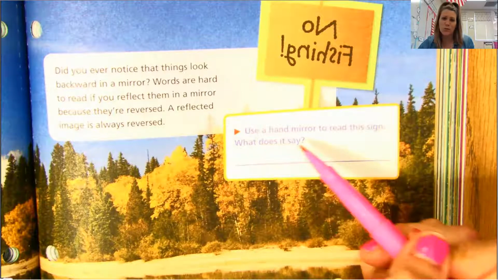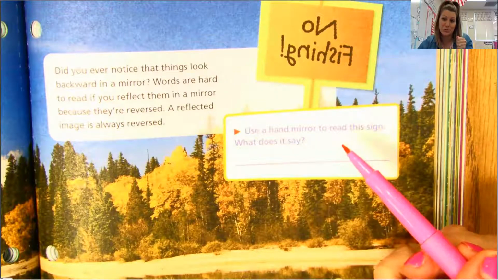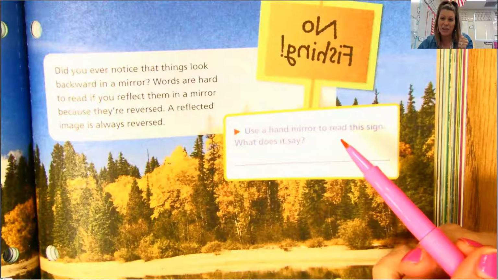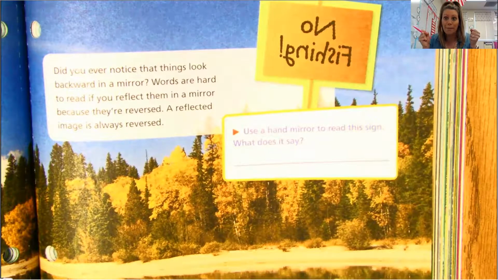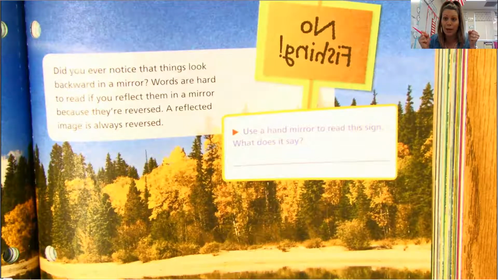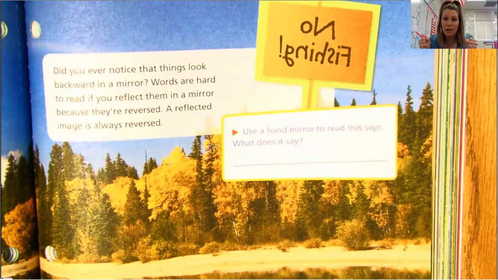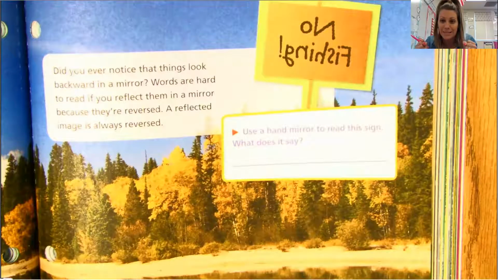Use a hand mirror. So if you have a mirror, you can do this activity. I don't have a mirror with me. If you want to go hold it up, pause it and hold it up real quick in a mirror in your bathroom or in your bedroom, go ahead. You might already know what it says, but I'll give you like 30 seconds to go run and see if you can.